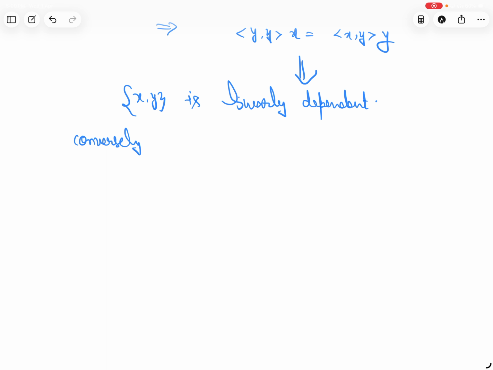That is why I'm writing this. So without loss of generality, assume that y is equal to kx. We can assume this and similarly it will follow. So what is the inner product of x and y then?